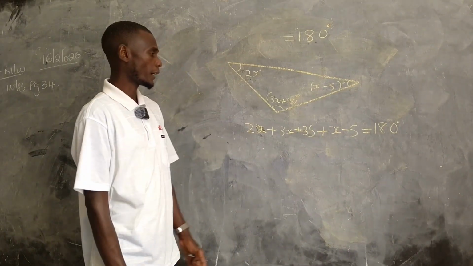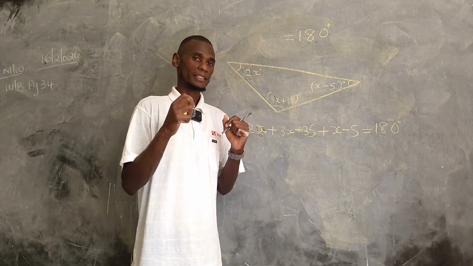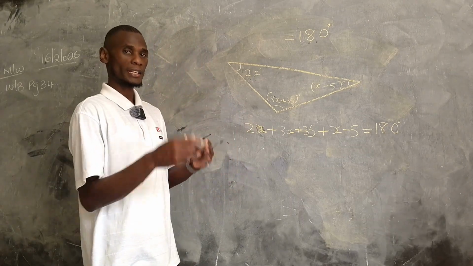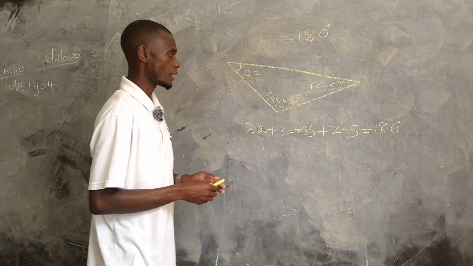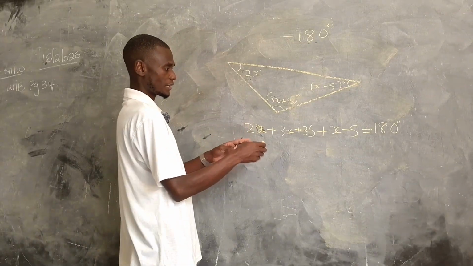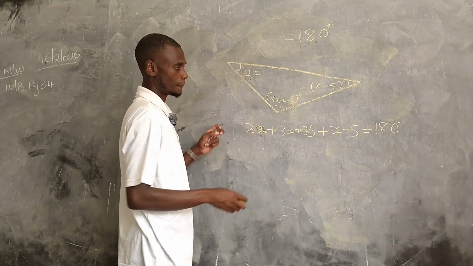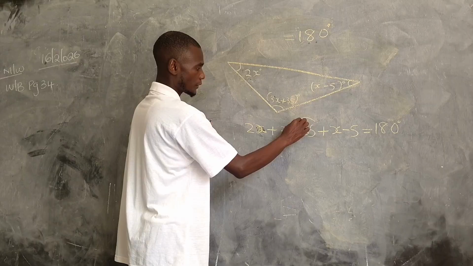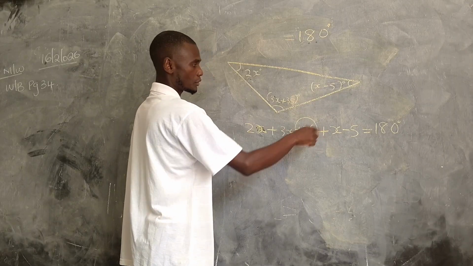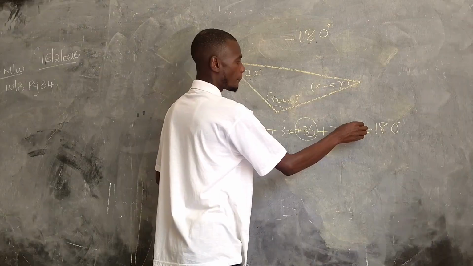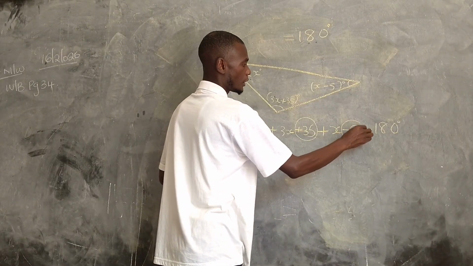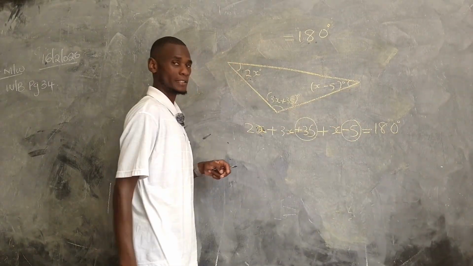From there, we collect the like terms. And remember, for a like term, you collect the number together with the sign in front of it. So let us look at the whole numbers on this side. They should go to the other side. So we have plus 35, that should go to the other side because it is a like term to that. We also have minus 5, that should also go to the other side.